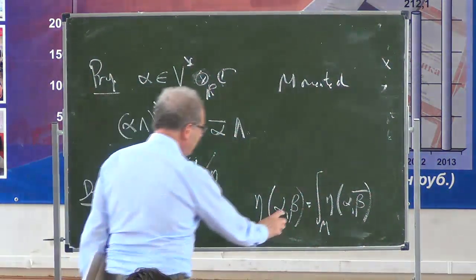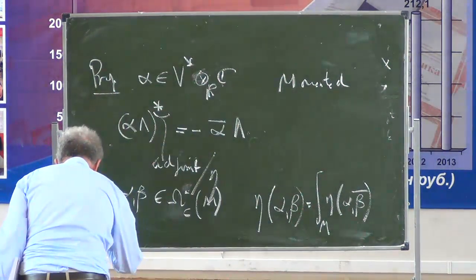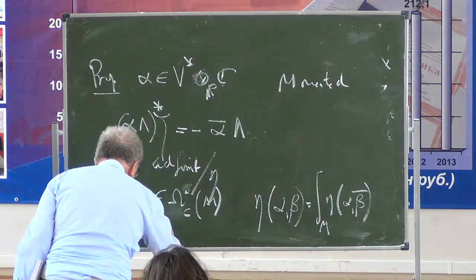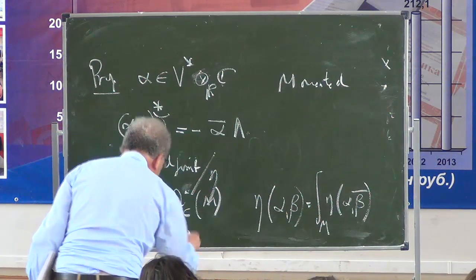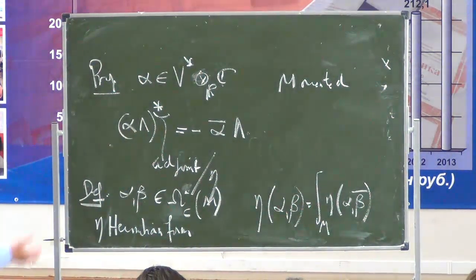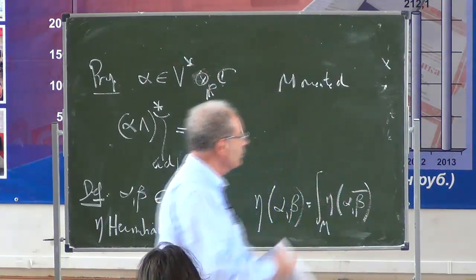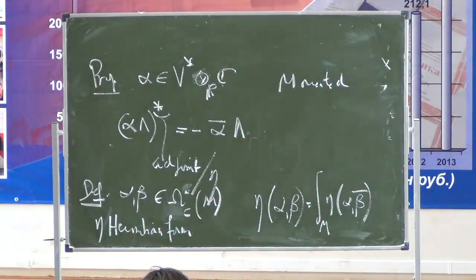Okay, so in other words, by doing this, eta is a Hermitian form. Remember that a Hermitian form is just something which has a symmetry property that I mentioned before: when you exchange alpha and beta, you just get the conjugate of what you got before.